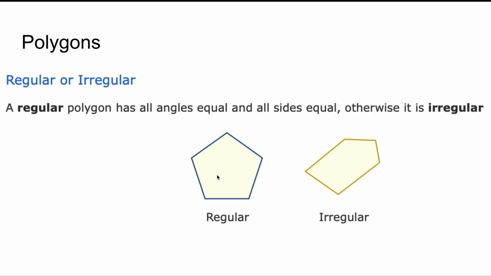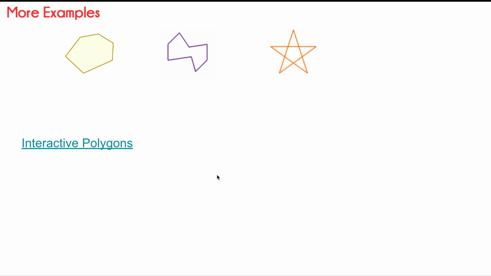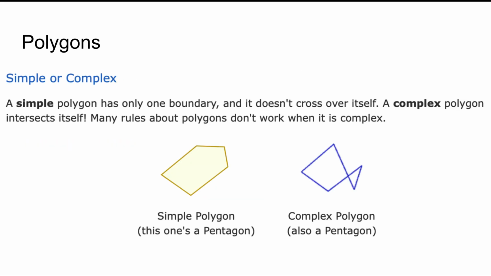Equilateral means equal length. So let's take a look at some other things here. Simple or complex. A simple polygon has only one boundary and it does not cross over itself, like this one. But this one is a polygon that crosses over itself. We call that a complex polygon.